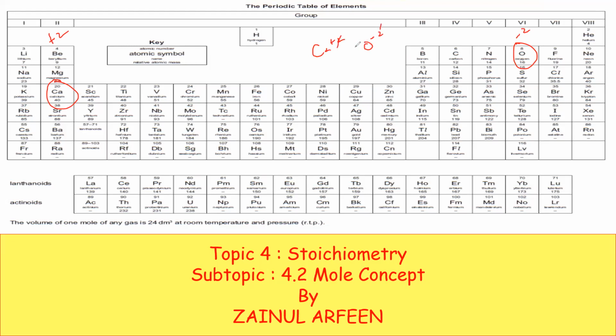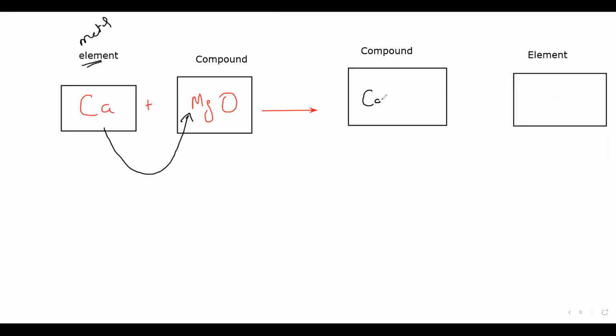We simplify the valency and then cross multiply. So the formula of the compound which contains calcium and oxygen should be CaO. The element formed here is a metal, so it will be an atom. And this equation is already balanced in terms of calcium, magnesium and oxygen.